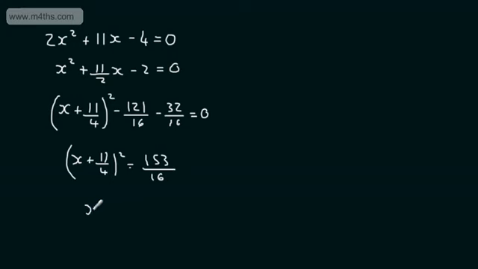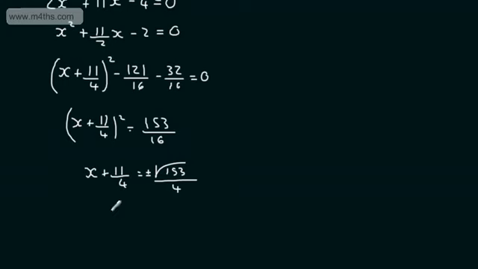So to solve, we'll take the square root. So x plus 11 over 4 will be equal to plus or minus the square root of this value. Now the root of 153, that's not going to break down, so that's going to be an exact value. So plus or minus the root of 153 over the root of 16, which is going to give me 4.